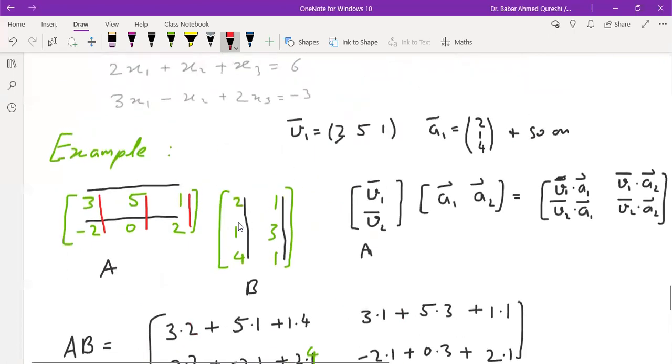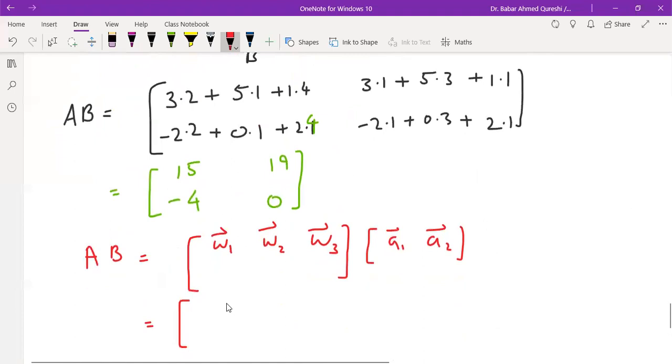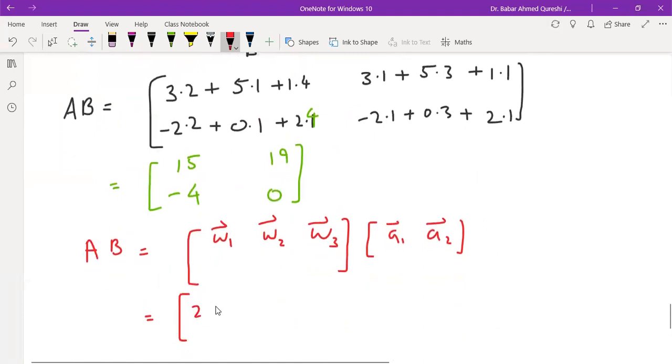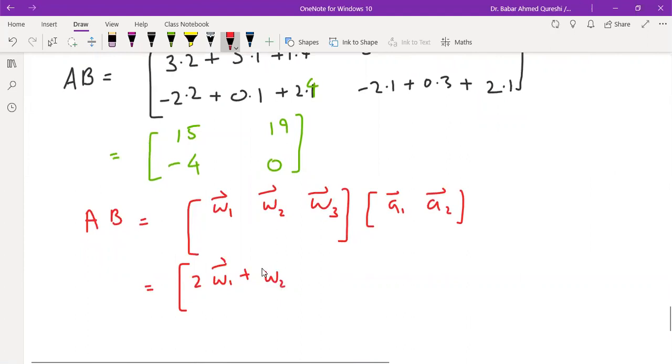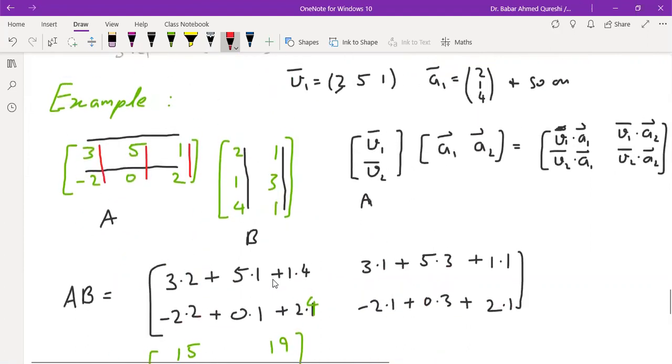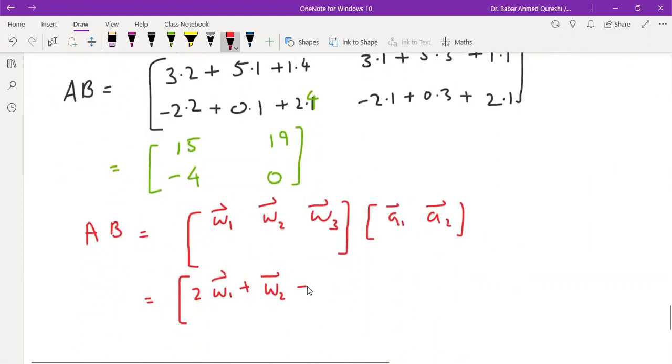I take the components over here and make these linear combinations. 2 times W1 plus 1 times W2 plus 4 times W3.